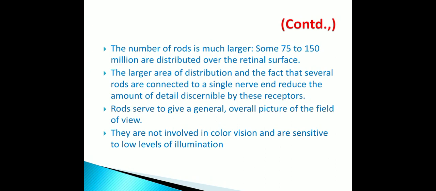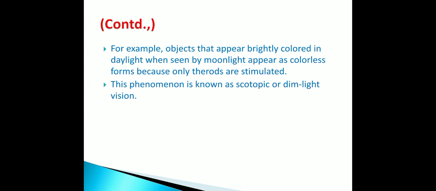They are not involved in color vision and are sensitive to low levels of illumination. For example, objects that appear brightly colored in daylight appear as colorless forms when seen by moonlight, because only rods are stimulated. This phenomenon is known as scotopic or dim light vision.